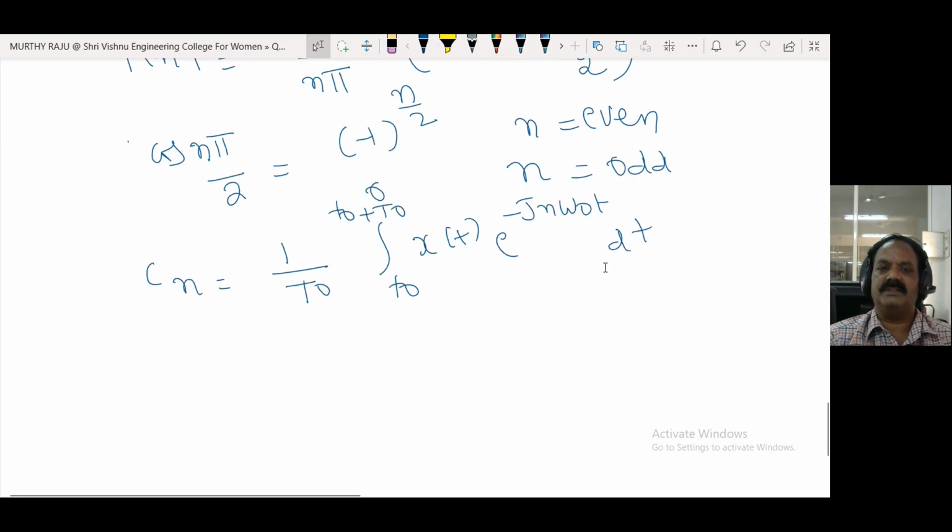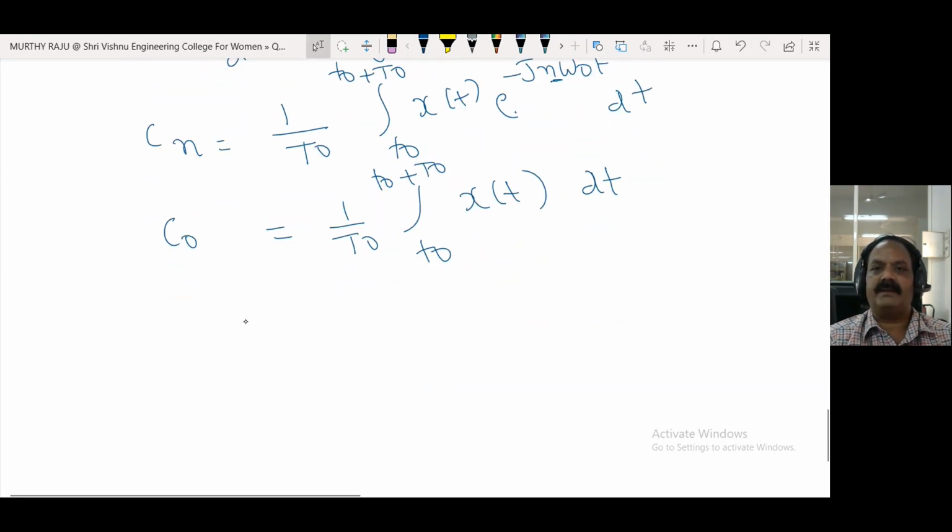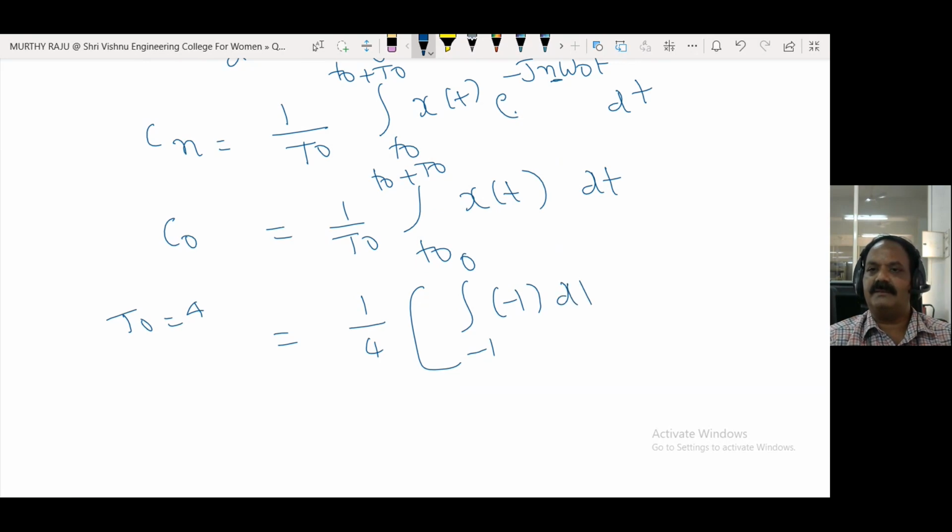Put n equal to 0 in the above expression. C naught is 1 by T naught, integral from small t naught to small t naught plus capital T naught of x of t. Here n is equal to 0 means e power 0, that is 1, x of t dt. Here T naught is 4. So 1 by 4, the integral from minus 1 to 0 of x of t, whose value is minus 1 dt, plus the integral from 0 to 1 of x of t, whose value is 1 dt.